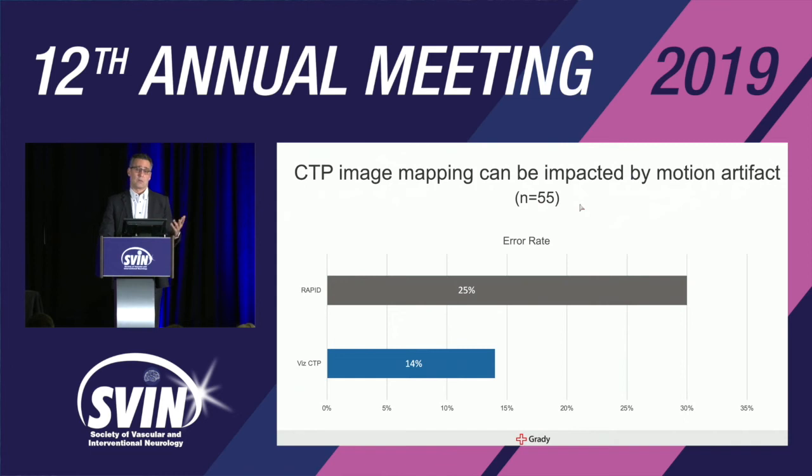One of the things that was interesting is, because this is an AI system, it has an optimized motion correction software. So when you look at the CT imaging that was impacted by motion artifact, that motion correction software actually could improve the images, as you can see here. It had a lot fewer errors in terms of image processing.